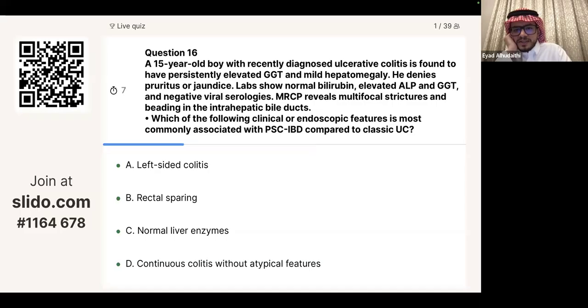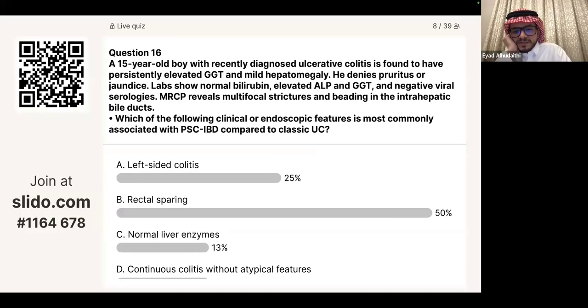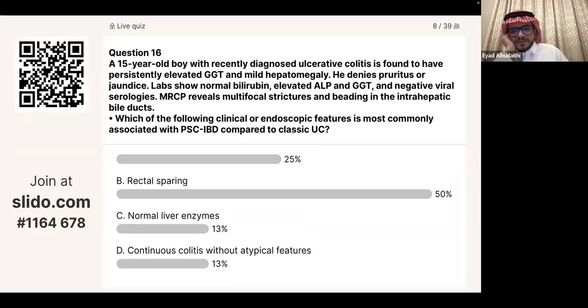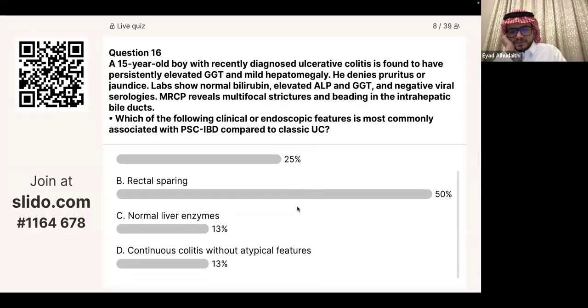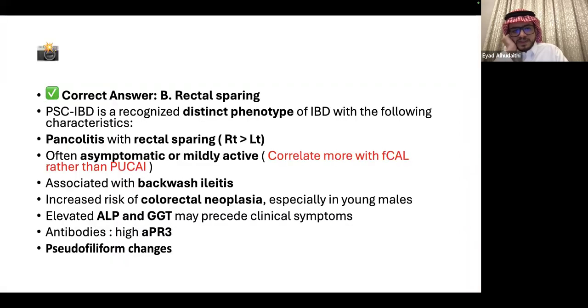Which of the following clinical or endoscopic features is most commonly associated with PSC-IBD compared to classic UC? Left-sided, rectal sparing, normal liver enzymes, continuous colitis. So half of you have got it right. This is a very important slide.